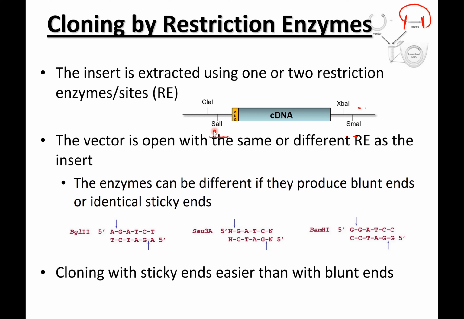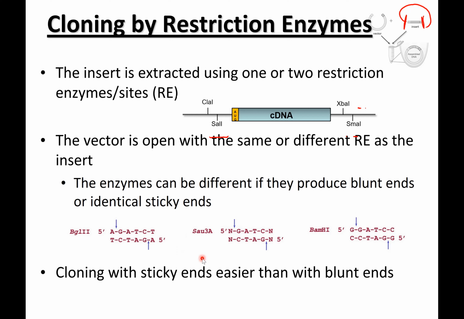However, obviously, if you do that, once this overhang matches this overhang here, the final sequence will not contain either a BglII or a BamHI restriction site, because at this point you would have an A and a G here once this is used. So it's not that you always have to use the same enzymes.